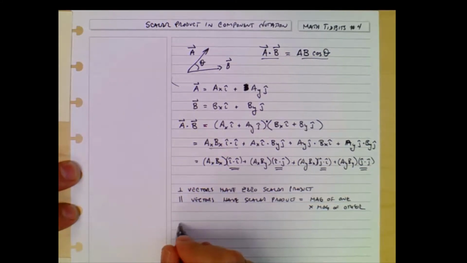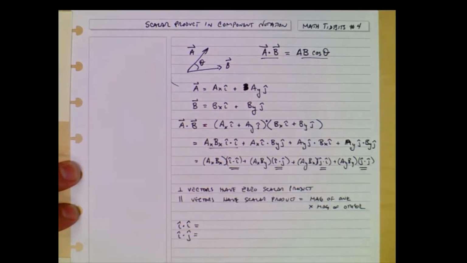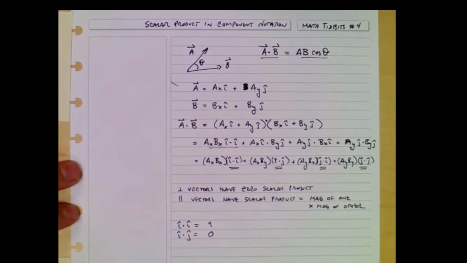So that makes things like i hat dot i hat easy, and i hat dot j hat similarly. Namely, they are 1 and 0.